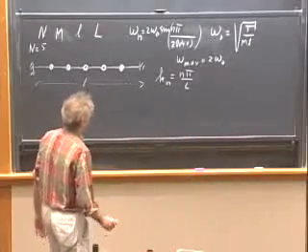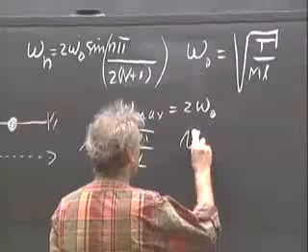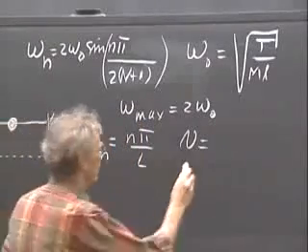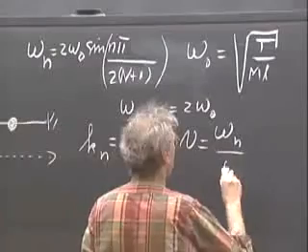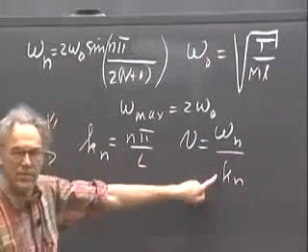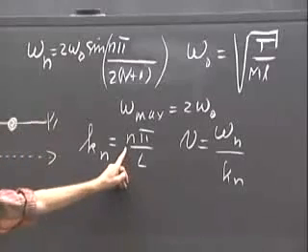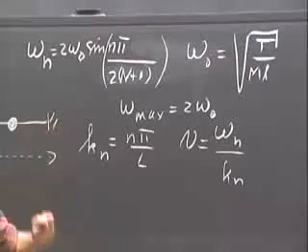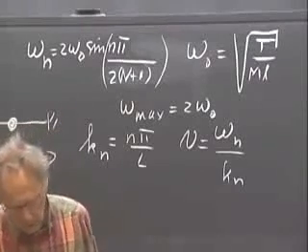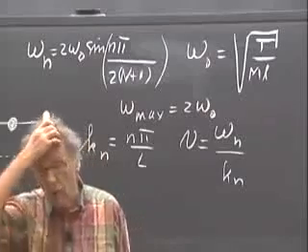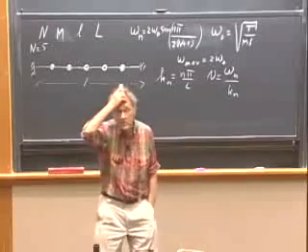But the speed of propagation, v, is of course the ratio of omega divided by k, so that is omega n divided by k of n. And since k of n goes up linearly with n, but omega n does not go up linearly with little n, it is clear that the speed of propagation is lower for higher frequencies.